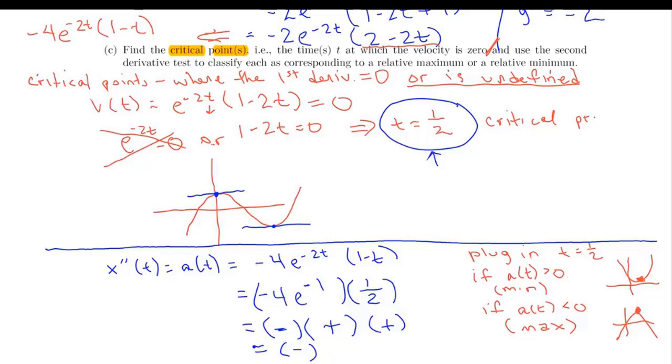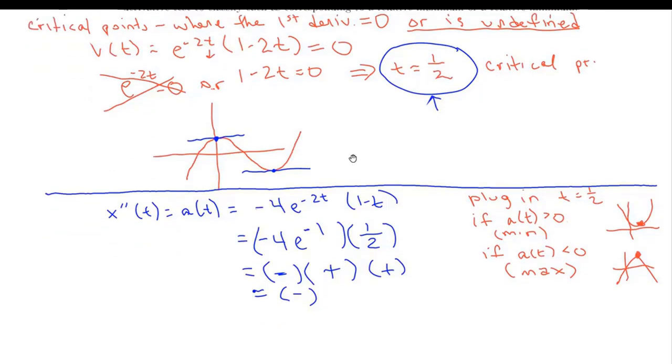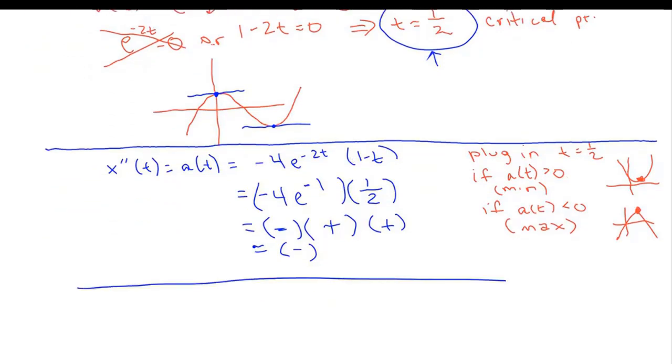Use the second derivative test to classify each as corresponding to a relative maximum or a relative minimum. We know that we have our point. So to answer the second part of this question, I would say I have a relative maximum, because I think of a parabola with a negative coefficient as opening down.